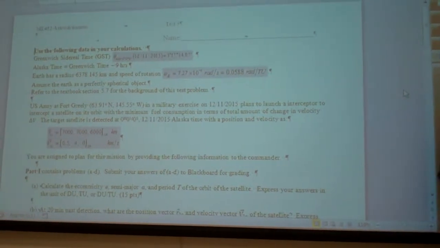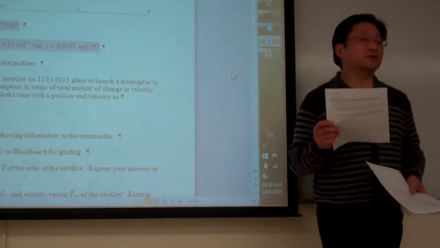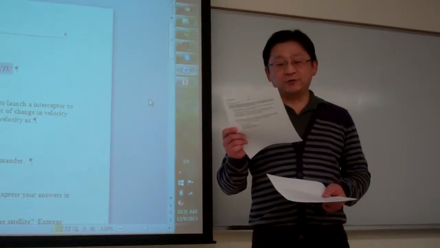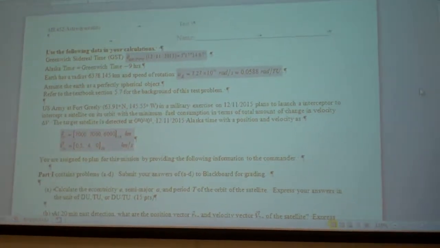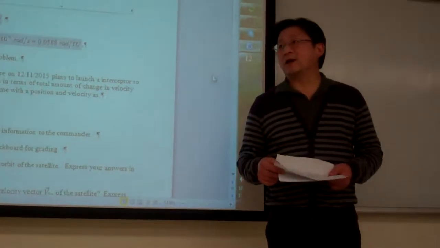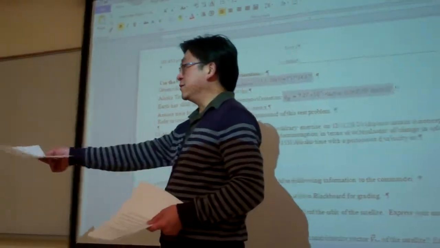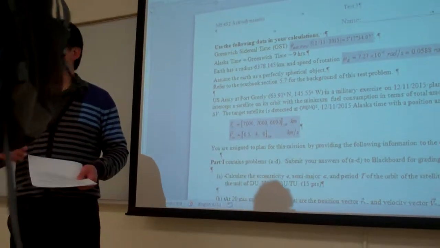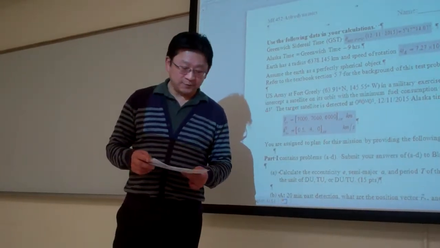Test 3 has two sides, including part 1 and part 2. Part 1 has 4 questions, from problem A to D. You can submit your answers to Blackboard with unlimited attempts before the due date, which is Wednesday next week by 12:15 p.m. You can try unlimited attempts, just like we're doing the homework.